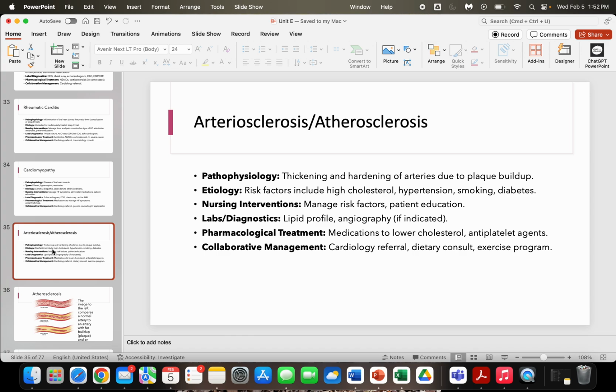So if we're looking at arteriosclerosis and atherosclerosis, our bigger risk factors here are basically the dislodging of that plaque or the complete narrowing of a vessel, because that artery is so full of plaque that blood cannot flow through it anymore, right? So it's a huge problem when that happens, okay?